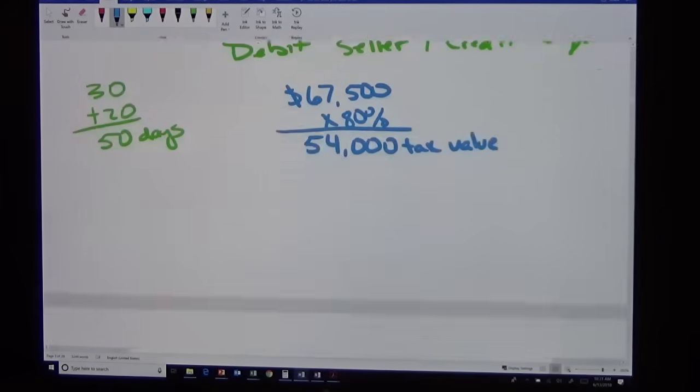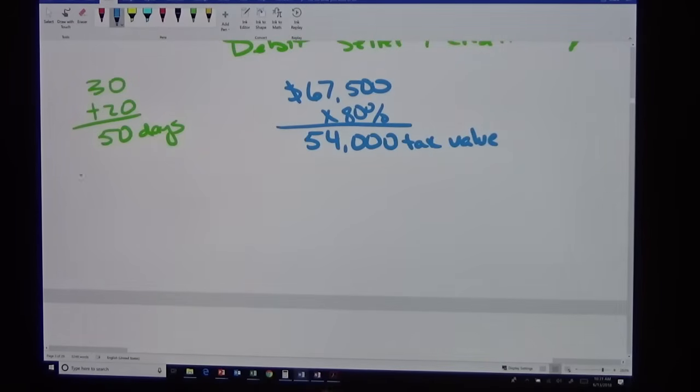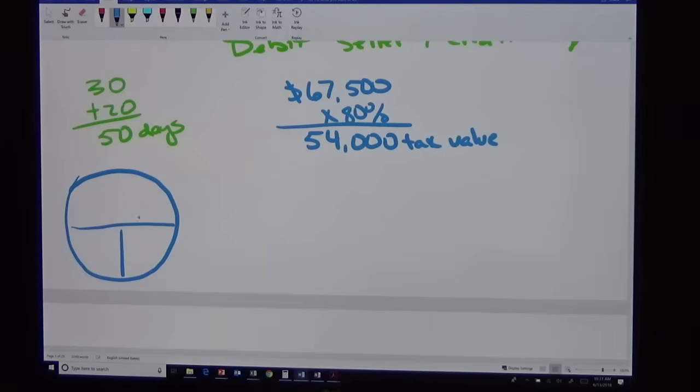And we remember from way back in the beginning of class, our T-bar for property taxes has got the tax bill on the top, and down on the bottom we have the assessed tax value and then the tax rate. So if we want to know the tax bill, which we do need to know, we can't prorate it unless we know how much the bill is, we need to be multiplying the assessed value times the rate.